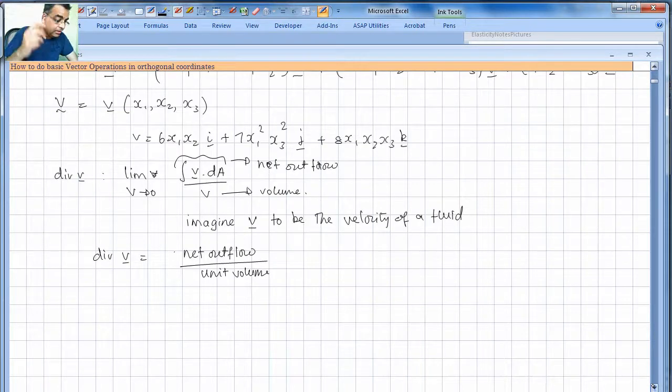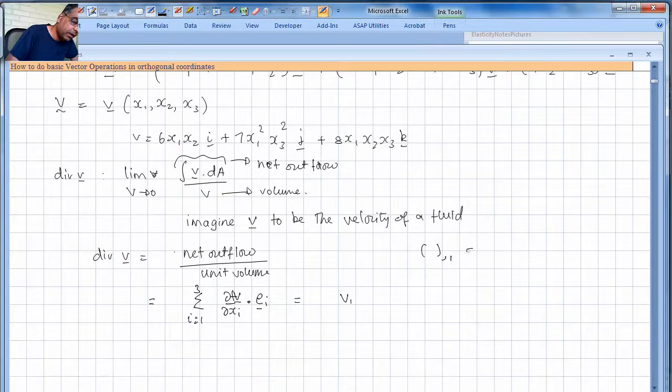There are a couple of different ways. Our method, and I'm going to tell you only the answer, I'm not going to belabor the point: divergence is given by the summation of dv dxi dotted with ei, i equal to 1, 2, 3. So this turns out to be, in our case, V1, and we are going to use a new notation.